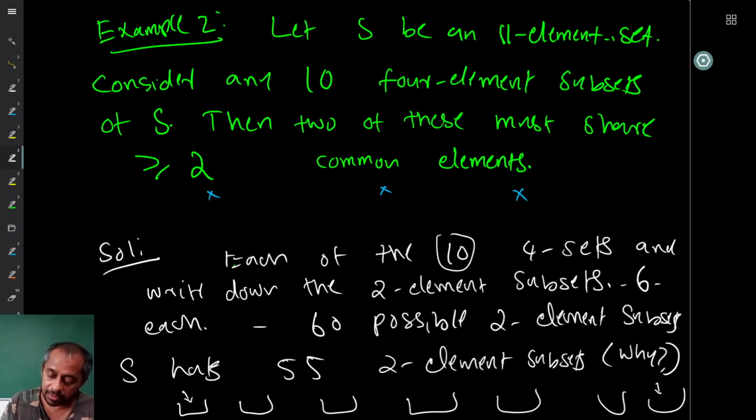So 60 is more than 55. Therefore, one box must have at least 2 inside. And that says that these two element subsets are the same. And therefore, they must have come from 2 different 4 element subsets that we are looking at out of the 10.